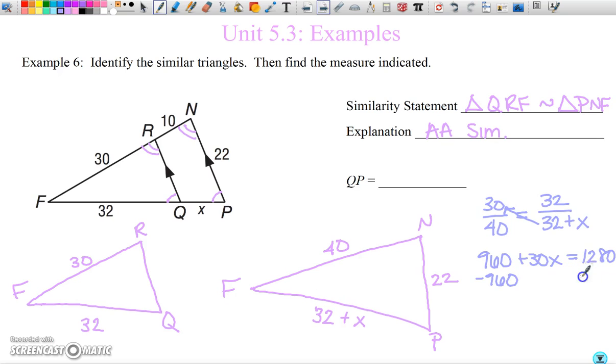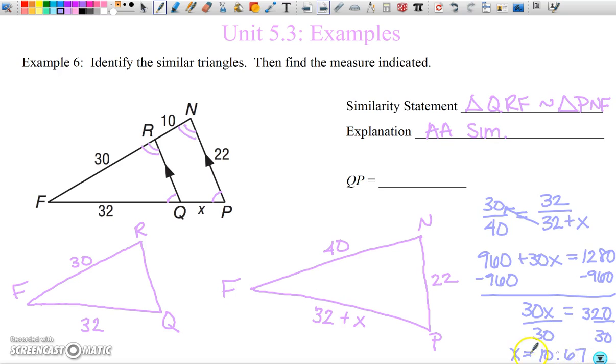Subtract 960 from both sides of your equation to get 30x equals 320. Divide by 30 on both sides of your equation to end up at x equals 10.67.